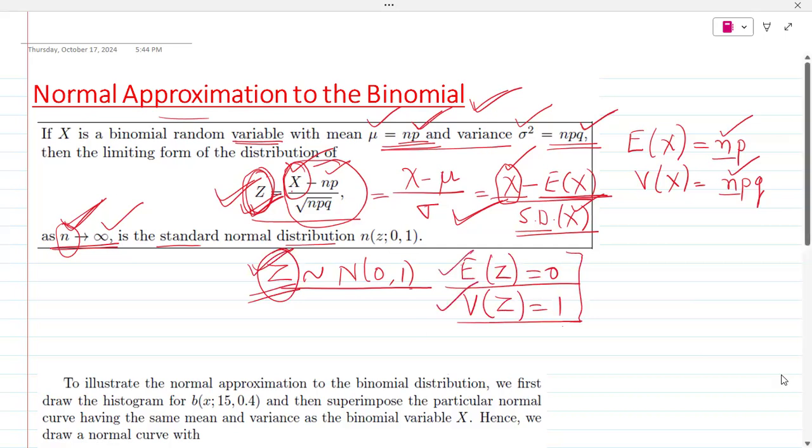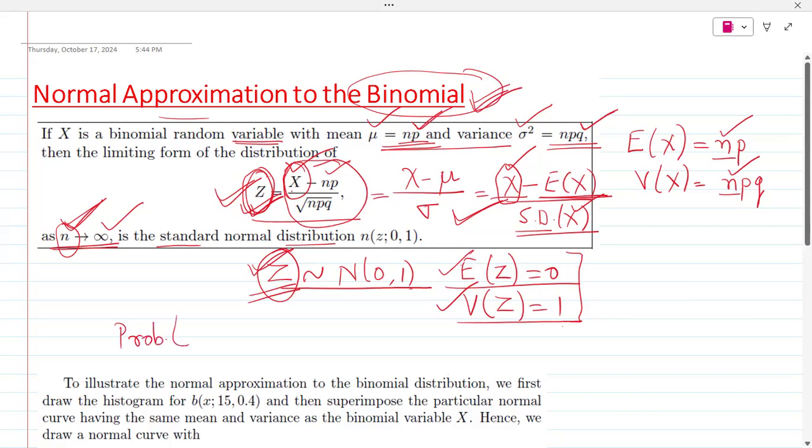Okay, so now what is this normal approximation to the binomial? Actually, for those cases or physical situations where we can apply the binomial distribution to find a certain probability, what is the concept?